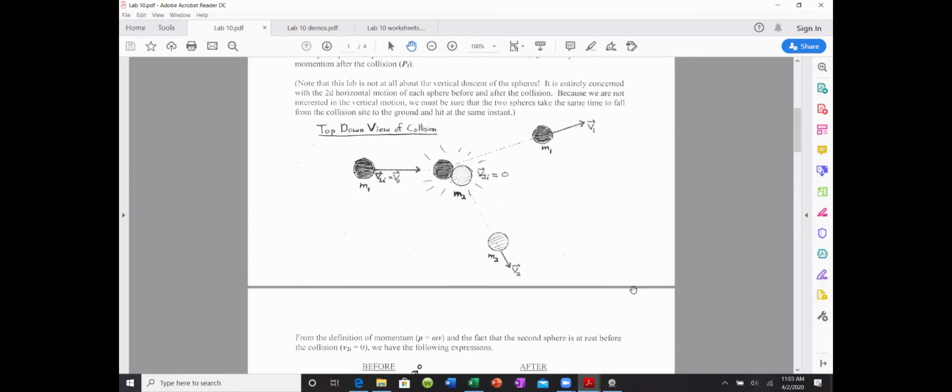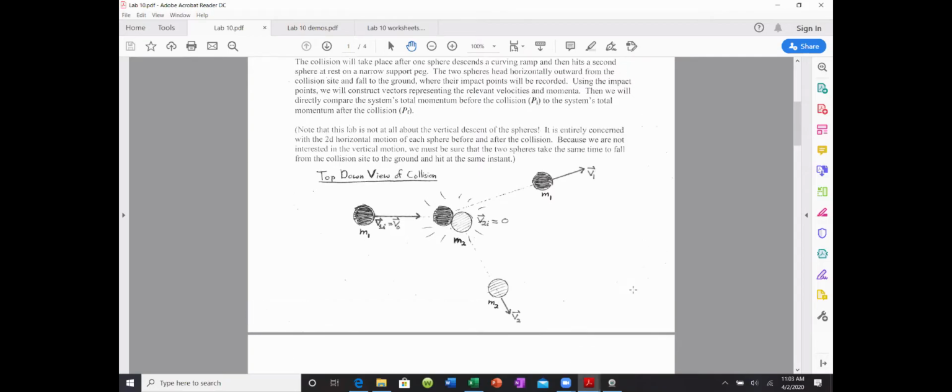So this would maybe be a top-down view of the collision here. And if you look at this, you can see this lightly shaded guy would be, on the picture here, blue. Object 1 is the marble that starts at the top of the ramp and descends. It's kind of the incoming object.